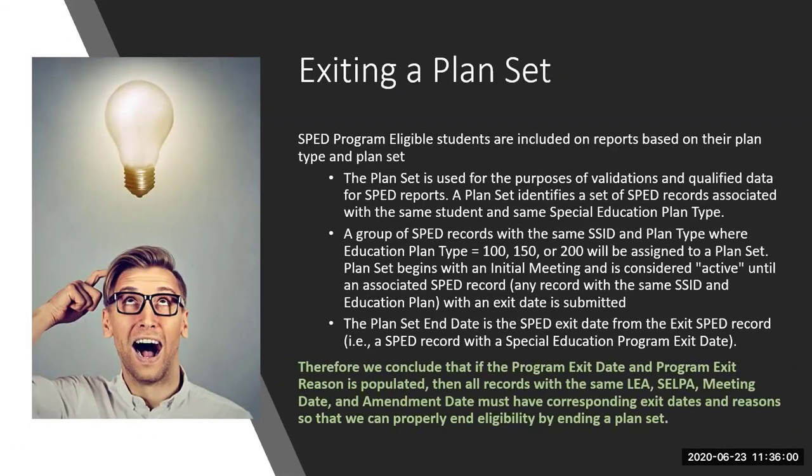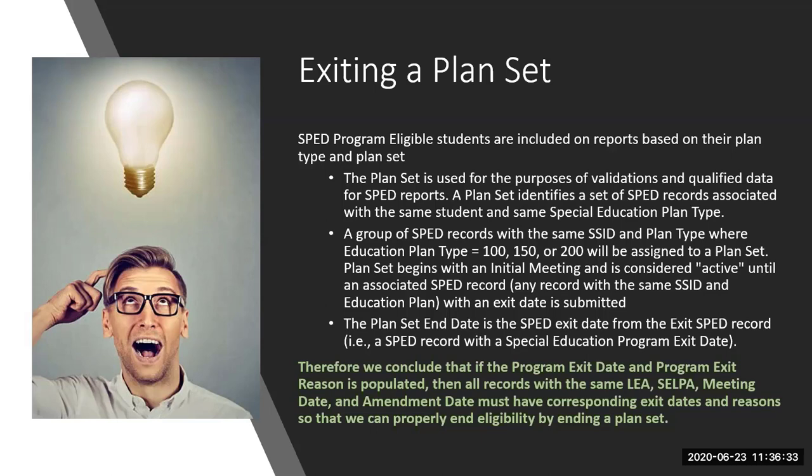And so the plan set is described in the glossary in the CALPADS user manual. It's used to define the qualifying criteria for a student on the report. And when we have students who are no longer eligible, we are excluding them from counts in official CALPADS reports. And so we have to understand how and what a plan set is so that we can effectively exclude ineligible students from the reports. And so that's why we're giving you the background on the plan set.